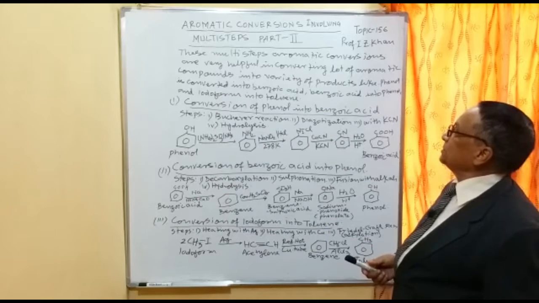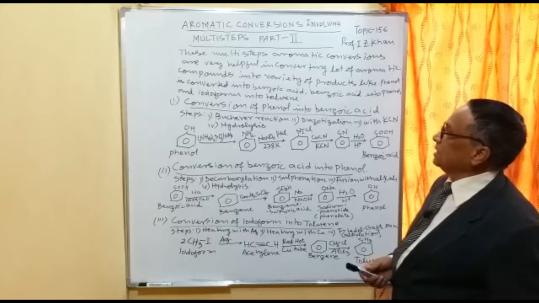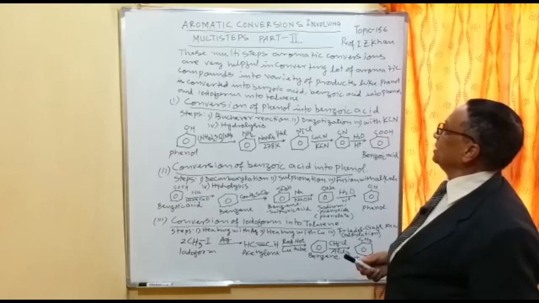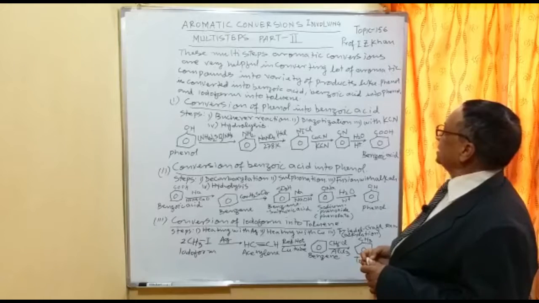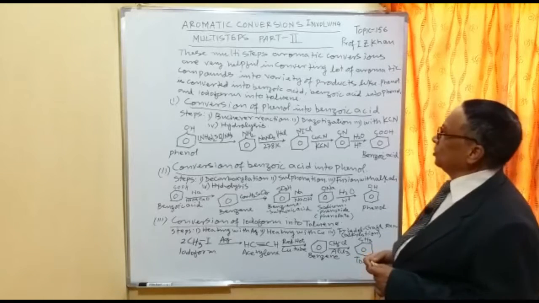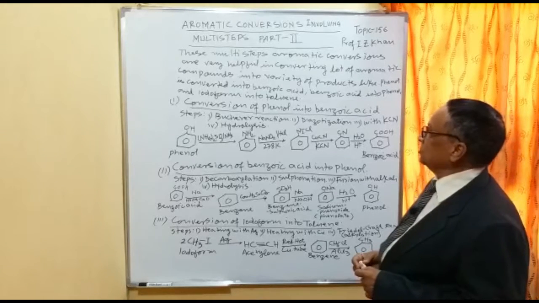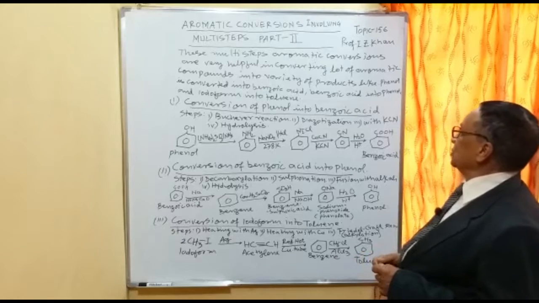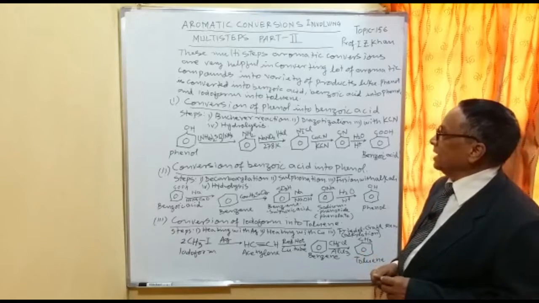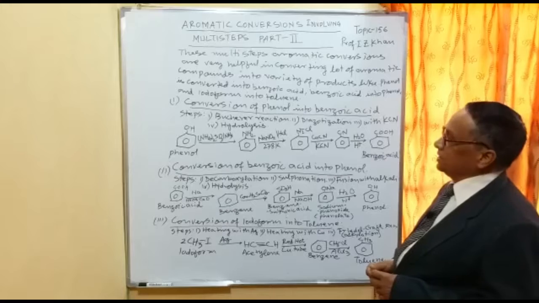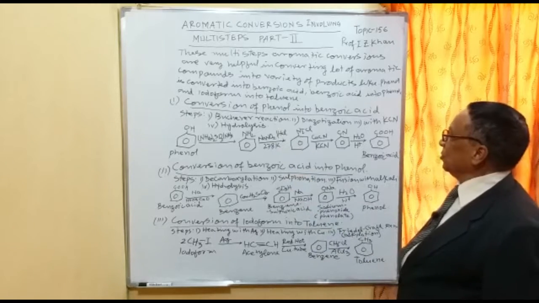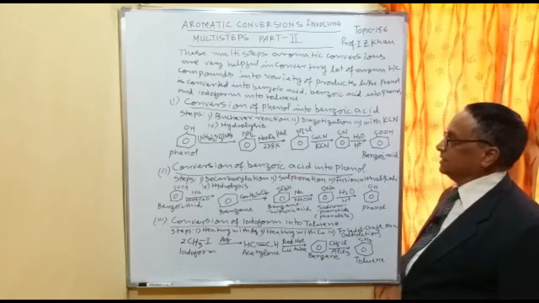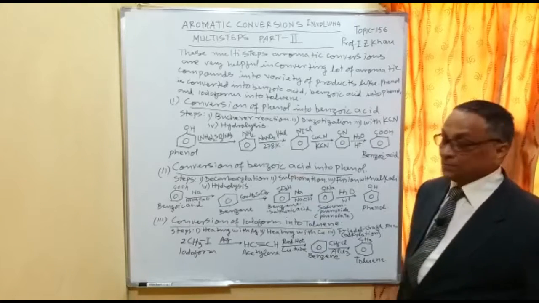These multi-step aromatic conversions are very helpful in converting a lot of aromatic compounds into a variety of products, like phenol into benzoic acid, benzoic acid into phenol, and iodoform into toluene. So the first conversion is the conversion of phenol into benzoic acid, and there are 4 steps involved.